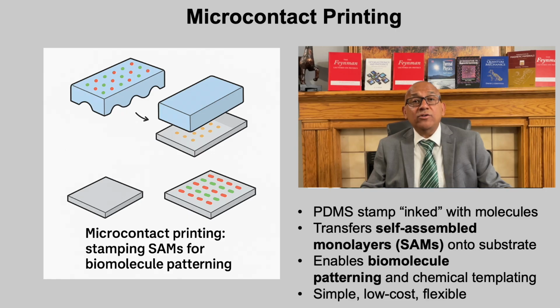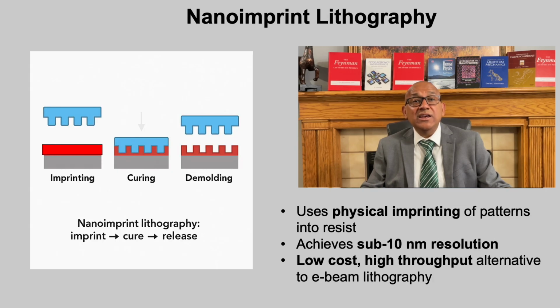It is widely used because it is inexpensive, straightforward, and effective at both micro and macro scales. Another important soft lithography technique is Nanoimprint lithography. Instead of using light or chemical self-assembly, Nanoimprint relies on physically pressing a hard mold into a resist layer on a substrate. After curing, the resist retains the nanoscale features of the mold.